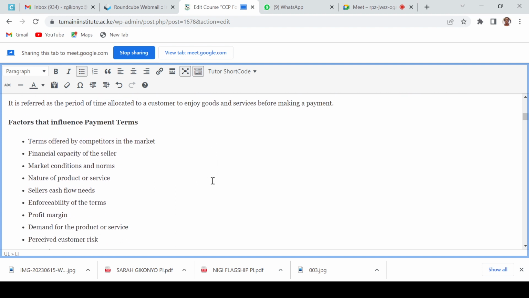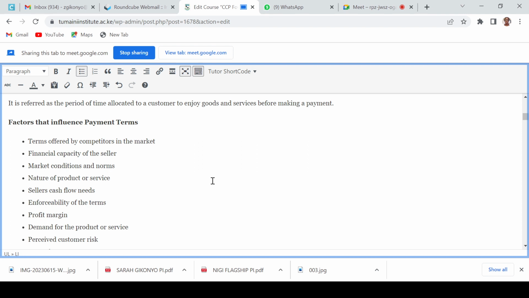Then the other factor you look at is the market condition and the norms. What is the market like? Let me give a good example from our Kenyan market. You will all agree that everybody wants a credit facility, even when they can pay cash. We all want to pay a little at a time. People want credit facilities. So what conditions are prevailing? Look at the retail markets, at the supermarkets that have gone under.